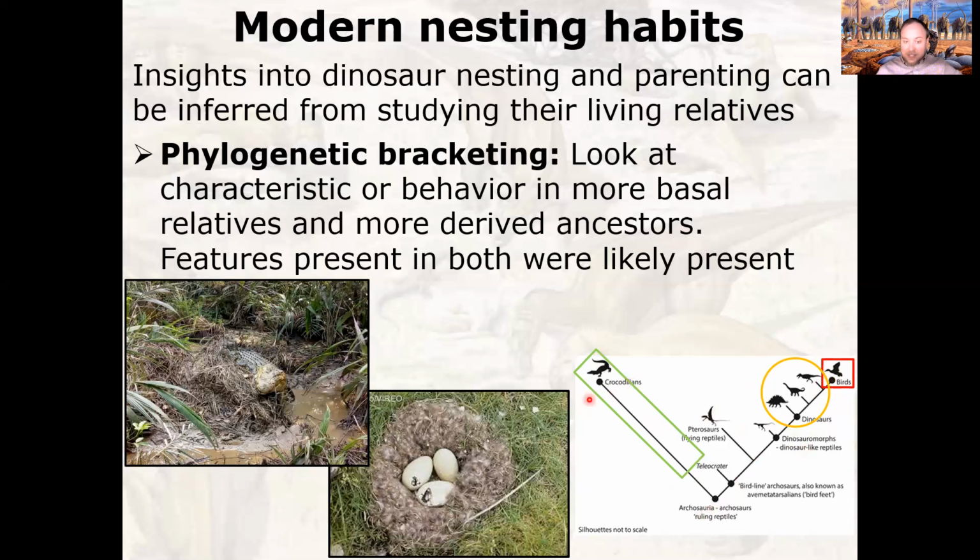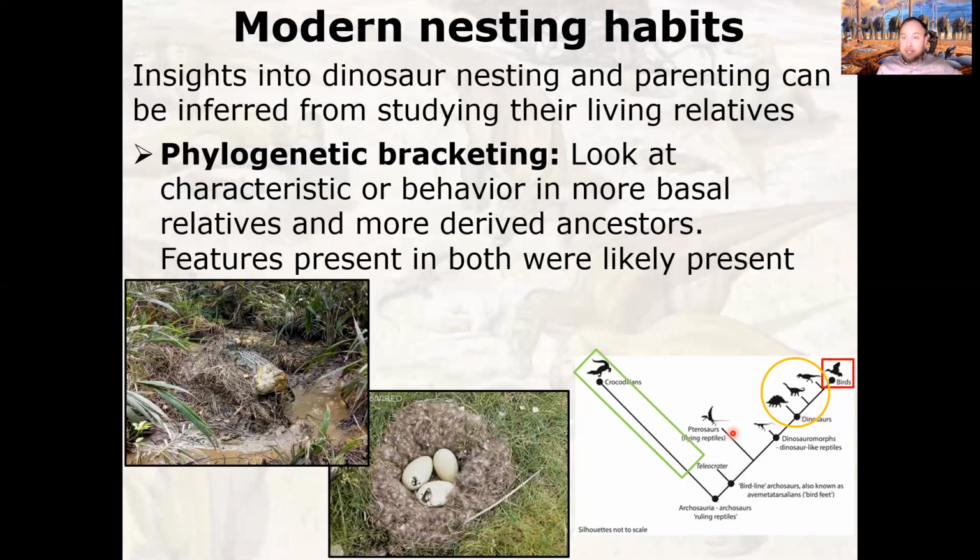So any trait that crocodilians and birds have in common, very likely everything in between had those traits as well. Now that's not always true, but it's a good start point. If you're present in the early form and the later form, it's probably present in your intermediate forms. But as we know, the branches go off in their own directions and evolve separately. So it's not always true, but it's a good guess. It's a good start point when you have no other information.